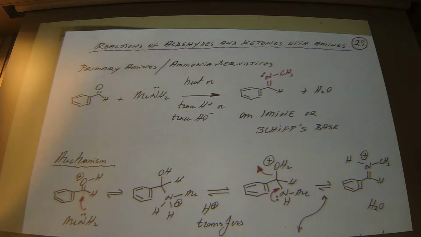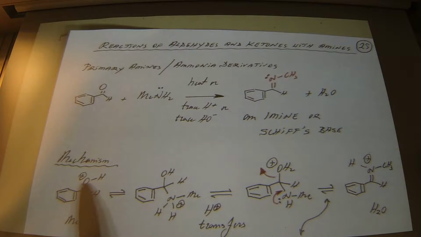Okay, so what happens? Well, you saw the mechanism that I wrote for the formation of an acetal. And so the mechanism here is really almost the same. So if you know the mechanism for the formation of the acetal, then you can kind of understand what the mechanism is going to look like here. The first step is the activation of the carbonyl by acid.